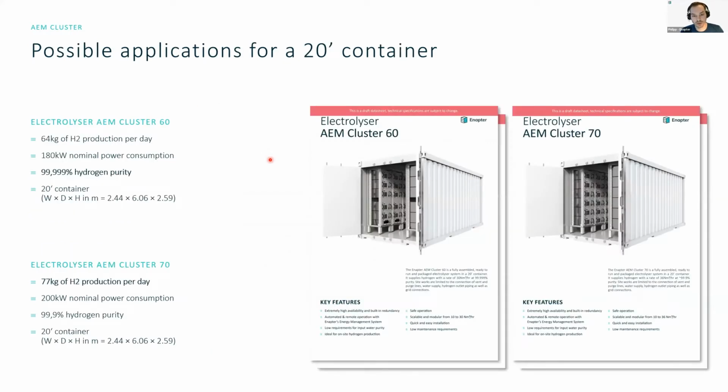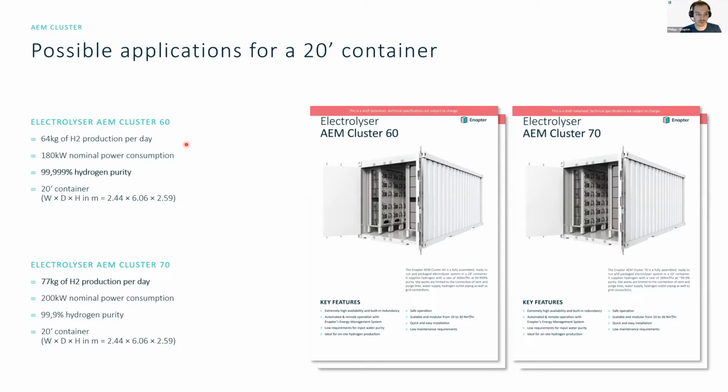Now I would like to show you what is possible with a 20-foot container. Therefore, we calculated how you can produce hydrogen in a 20-foot container, either with the AAM Cluster 60 or the AAM Cluster 70. The AAM Cluster 60, for example, is able to produce 64 kilograms of hydrogen per day. So you're stacking 60 electrolyzers in a container.